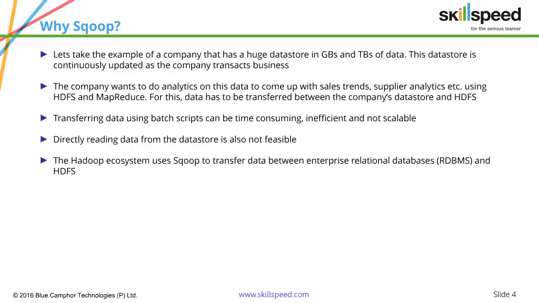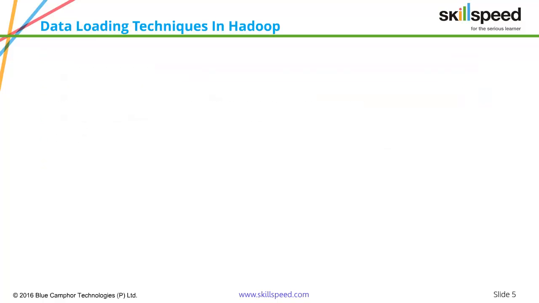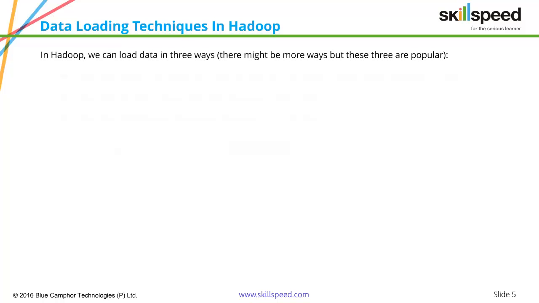So if you ask me what is Sqoop, it is a Hadoop ecosystem tool which allows seamless connectivity between RDBMS and Hadoop. That means it can copy your tables and database from RDBMS to Hadoop and vice versa. Now, if you look at the different ways to copy the data into Hadoop, there are three major ways.